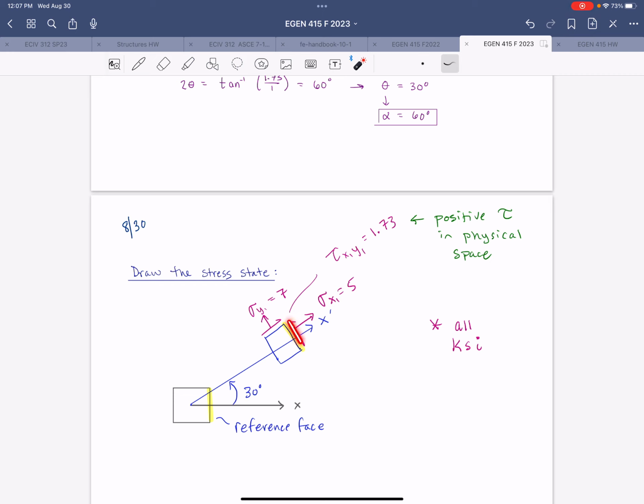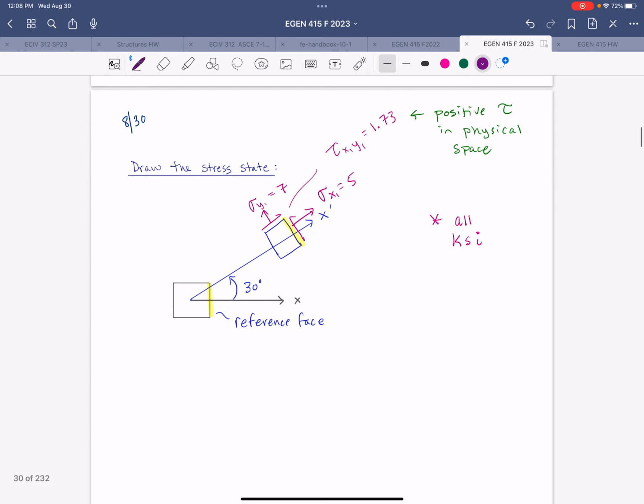That tells us which direction to draw the shear stress arrows, in the positive x direction on the positive face. And as you recall from previous classes, the shear stress on the other faces will be oriented so that the arrows meet up at the corners and the tails meet up at the opposite corners. It's always important to make sure that you include units somewhere on your sketch. You can do something like this, like everything's in ksi.